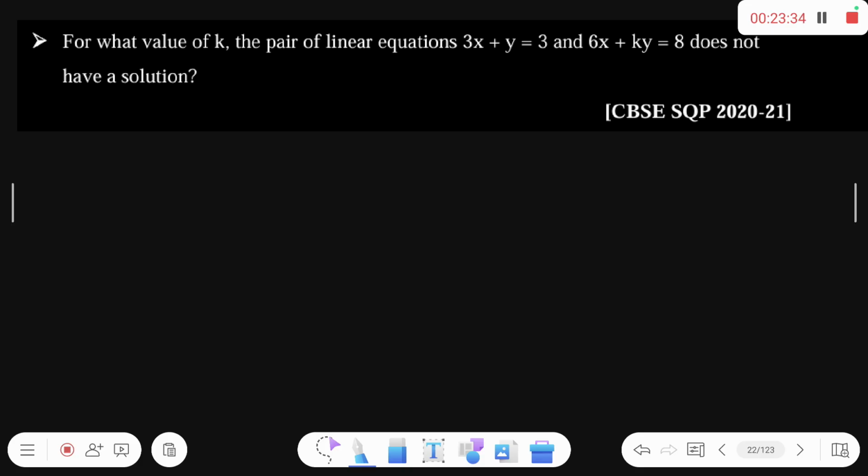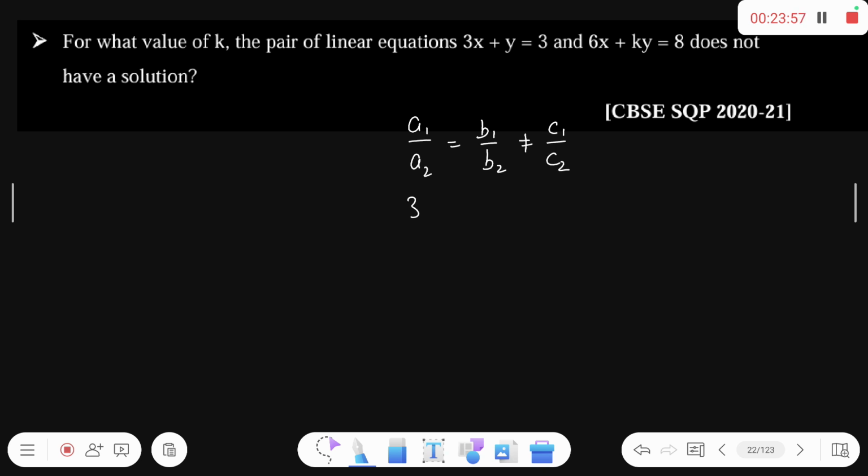Next question, for what value of k does the pair of linear equations not have a solution. Not having a solution means they are parallel to each other. The parallel condition is a1 upon a2 is equal to b1 upon b2 but not equal to c1 upon c2.